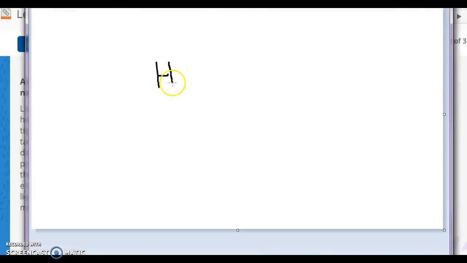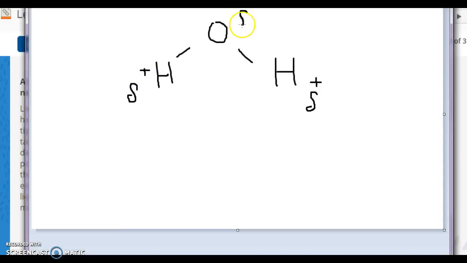So for example, when I have H2O, the hydrogen end is partially, that's what that little squiggly means, partially positive, and the end with the O is partially negative because there are more electrons on that end.